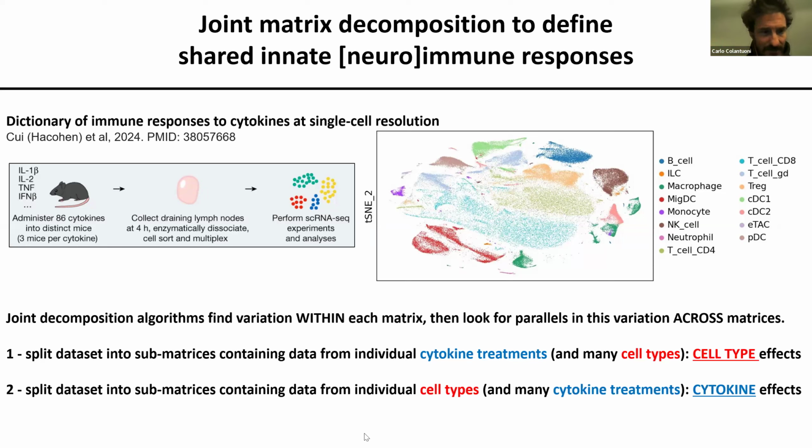Now, why does that matter? The 2 bullet points here that I have listed are why it matters. If we split this data set up in 2 different ways and feed it through the algorithm, it will find fundamentally different effects. So option 1 would be to split this giant data set into little matrices where each matrix is a cytokine treatment. So it has all of the cells of different cell types treated with interferon gamma in one matrix, and then all of the cells treated with TNF in another matrix.